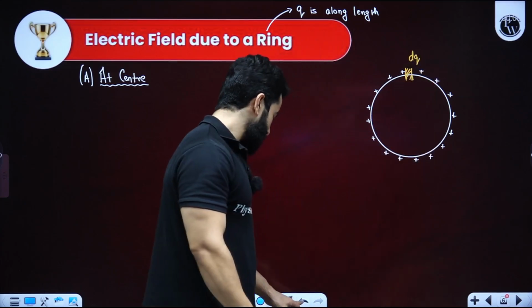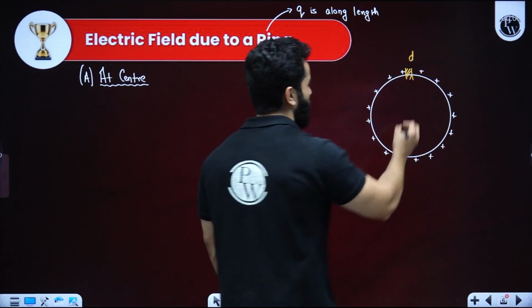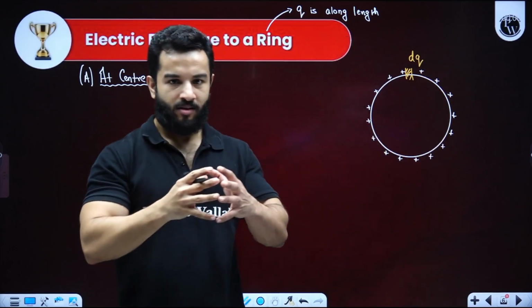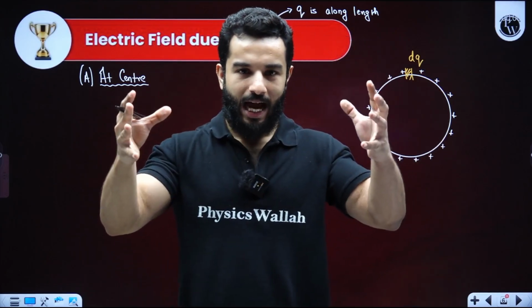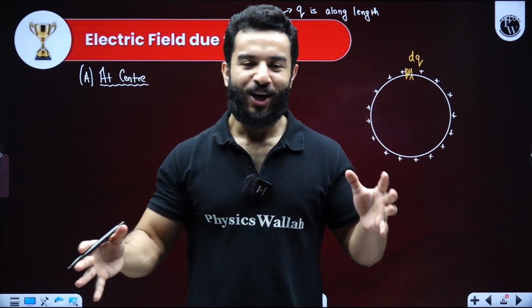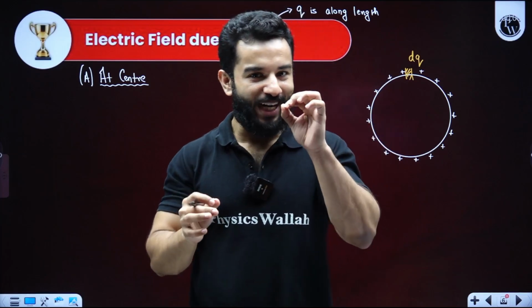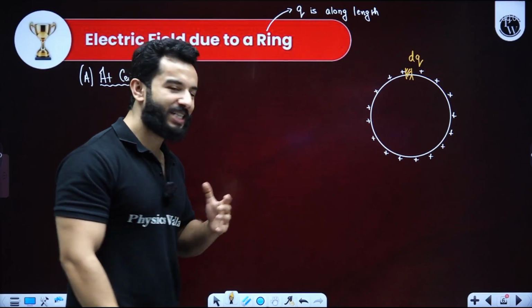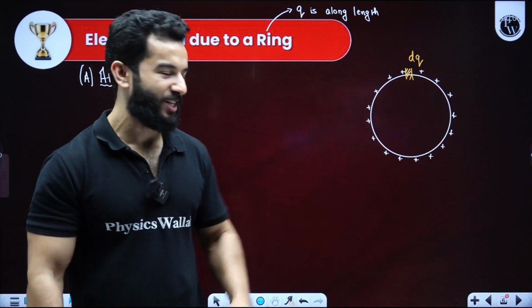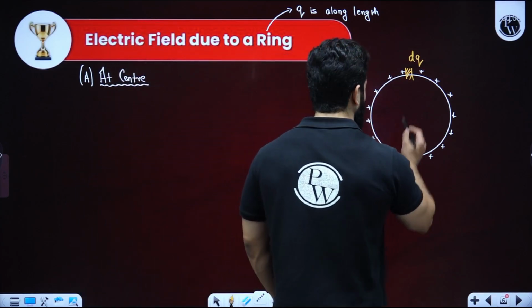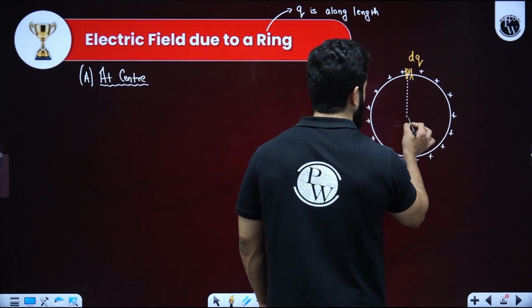This is the concept that we often use whenever we want to break a bigger thing. We say that it is made up of infinitely small things. So a ring is made up of infinitely small point charges, or you can simply say it is made up of infinite point charges. That would be more right. Acha, what is the distance of this point charge dq from the center?